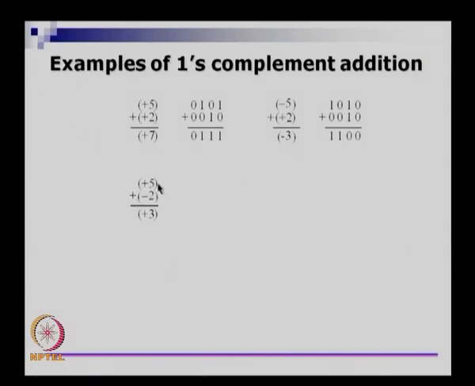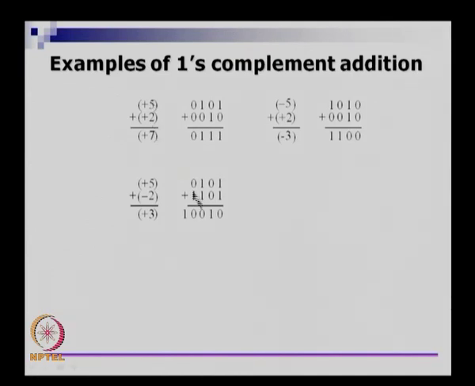Let us look at this one, 5 plus minus 2. We know that it should be plus 3. Let us see how this will work. Plus 5 is 0 1 0 1 and 2 is 0 0 1 0, so minus 2 should be 1 1 0 1. You add these two now.